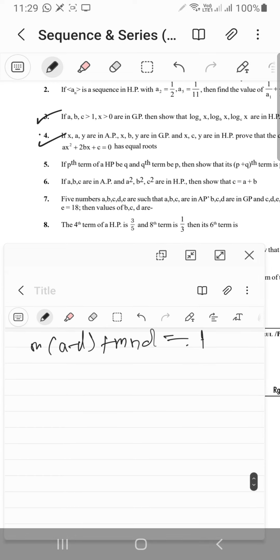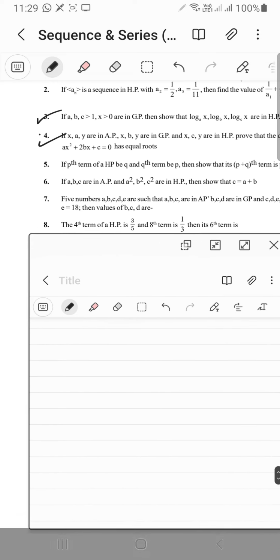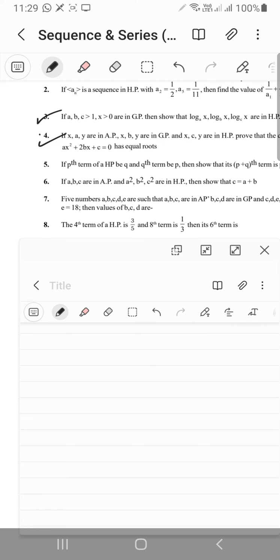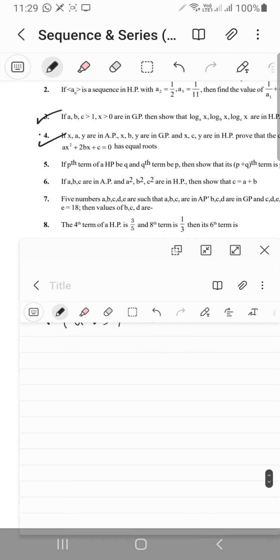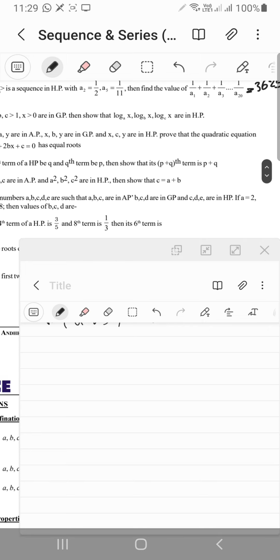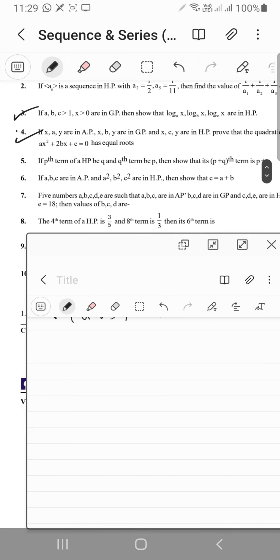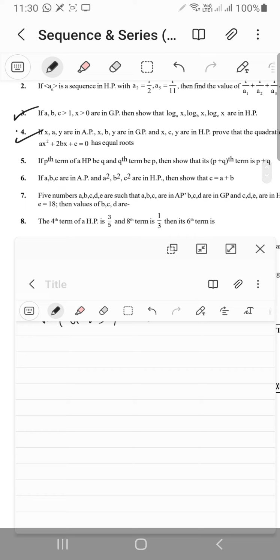Where was I? Okay, if pth term of an HP is q and qth term is p. So you already know this, in fact, that a equal to d for the corresponding AP. So for the corresponding AP, you just have ap is 1 upon q and aq is 1 upon p, right?